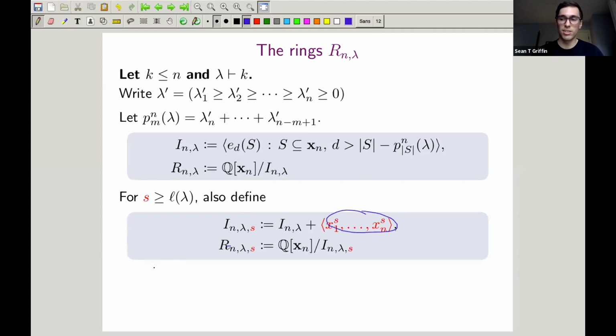And so just as a reality check, when n equals k, then R_{n,lambda,s} specializes to R_lambda for any s. And then when lambda is 1^k and s equals k, we recover R_{n,k}. So these really do form a common generalization.